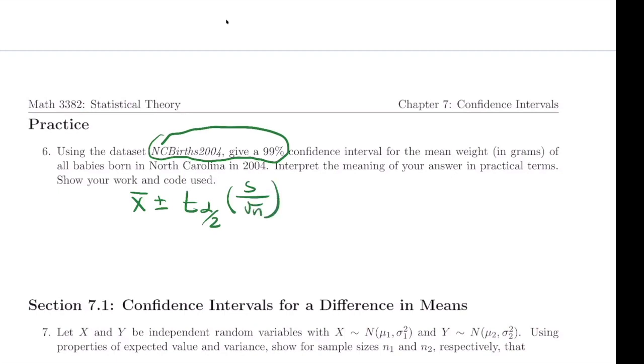So I'll do this by hand. There's going to be 3 bits of information that we're going to need to know in order to calculate this. Well, I guess more than 3.